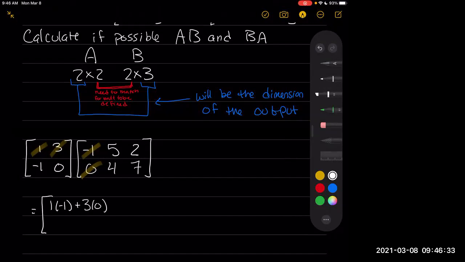And then we'll do 1 times 5 plus 3 times 4. And now to get to our third column, we're going to do 1 times 2 and 3 times 7.